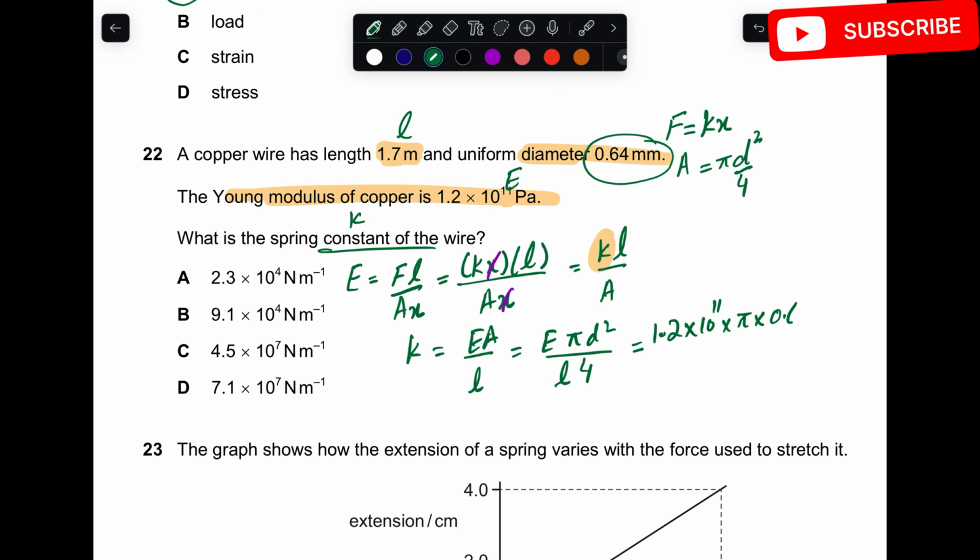So 0.64 times 10 raised to power minus 3 divided by L is 1.7 into 4. Doing the calculation, we will get 22708.17. That can be written as 2.2 times 10 raised to power 4 Newton per meter. It's option A, that is correct.